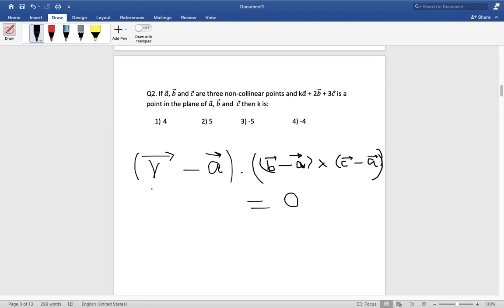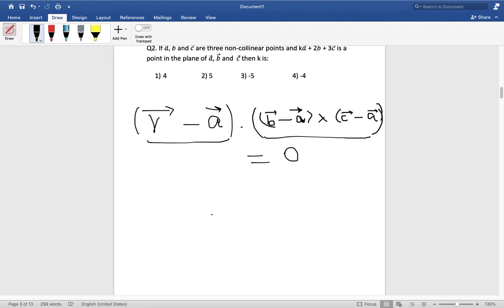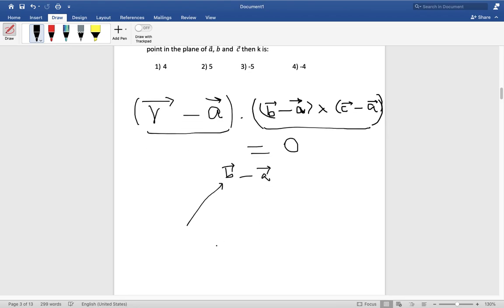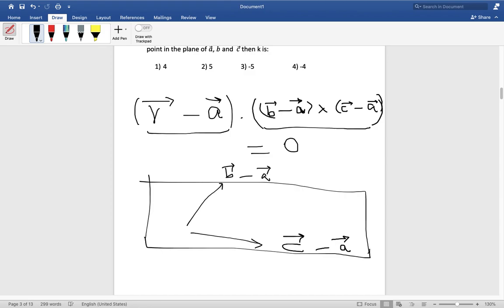So how do you arrive at the equation of the plane in such a manner? How do you get this as the equation of the plane for three points which are non-collinear? A, B and C are three non-collinear points lying on a plane. So you know that the vectors B minus A and C minus A will lie on that plane, right? When you take the cross product of these two vectors, it will be normal to the plane.